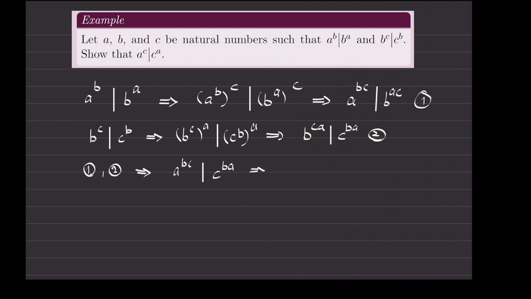But I can take the bth root. What do I mean by that? The left hand side can be written as a to power c to power b, and then the right hand side can be written as c to power a to power b.